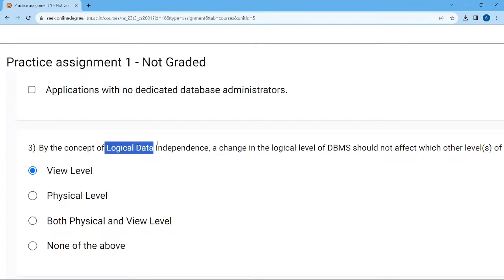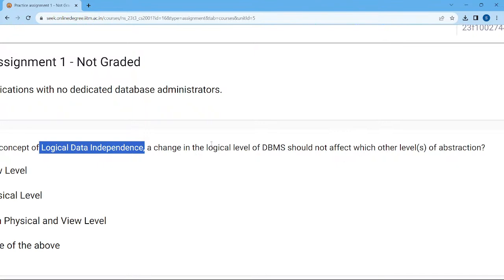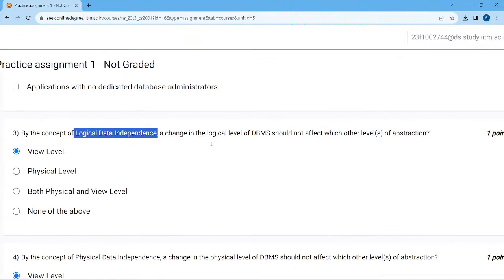By the concept of logical data independence, a change made in the logical level should not affect which of the other levels of abstraction. Always remember, it is physical level, then logical level, then the upper one, the view level.